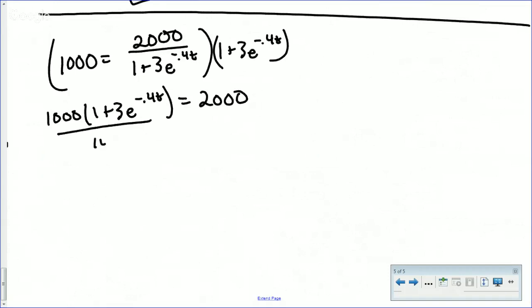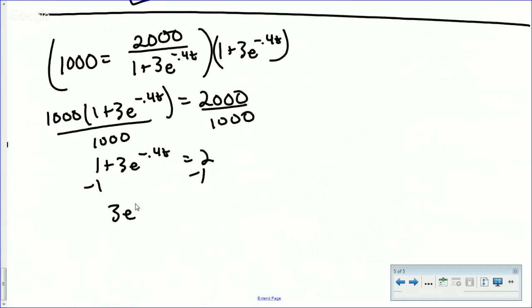We'll divide by 1,000 on both sides. So you have 1 plus 3e to the minus 0.4 t equals 2. Minus 1, 3e to the minus 0.4 t equals 1. Divide by 3.